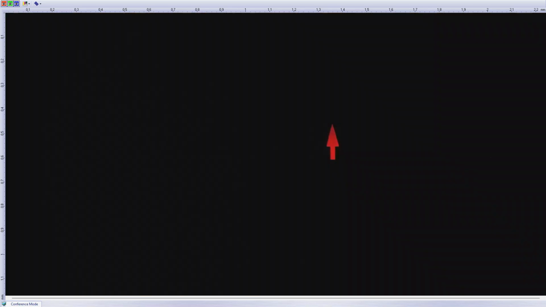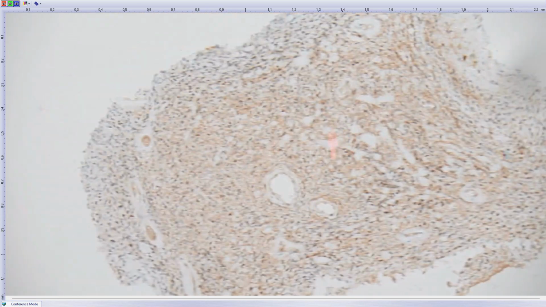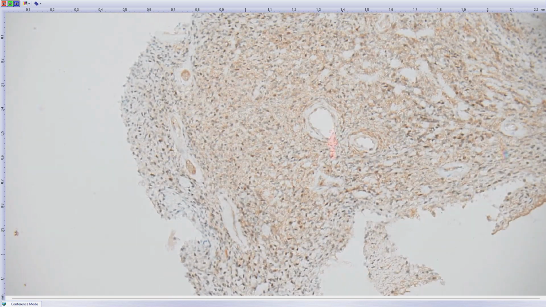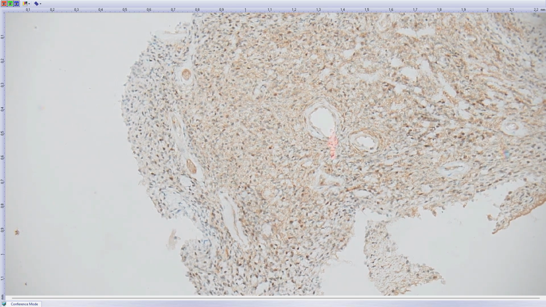So although the morphology would be good for solitary fibrous tumor, this focal STAT6 expression would be unusual. Solitary fibrous tumors are typically diffusely positive, but still we could entertain the idea that this was some damaged tissue, so not perfect reactivity.